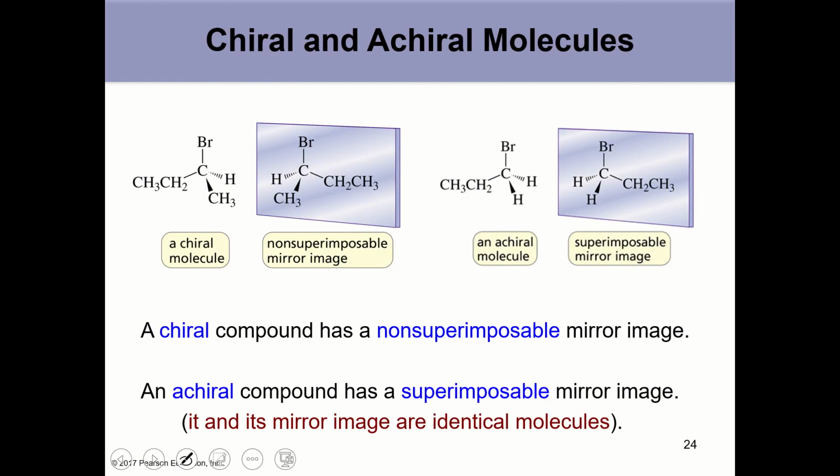Chiral and achiral molecules. A chiral molecule has a non-superimposable mirror image. If you build the three-dimensional structure and you build its mirror image, they will not be superimposable. The term achiral refers to a molecule that does have a superimposable mirror image.